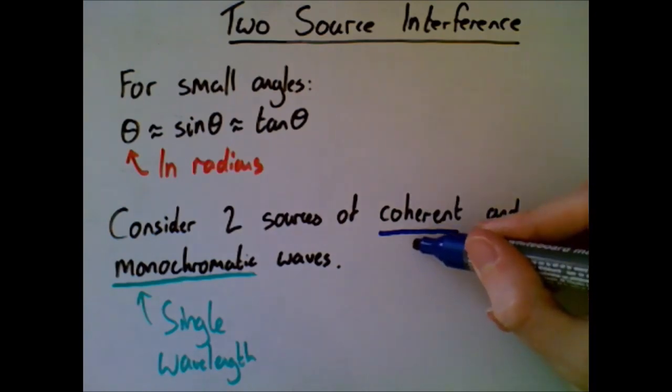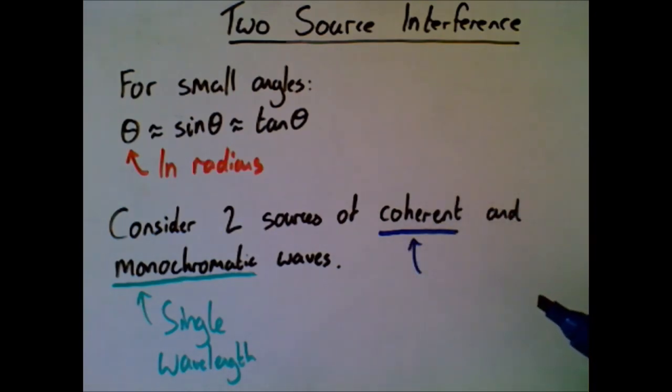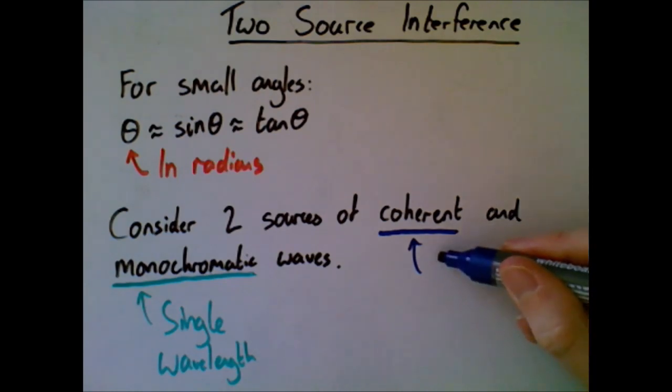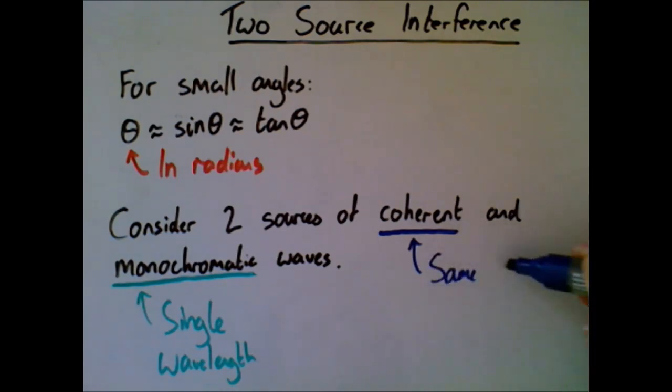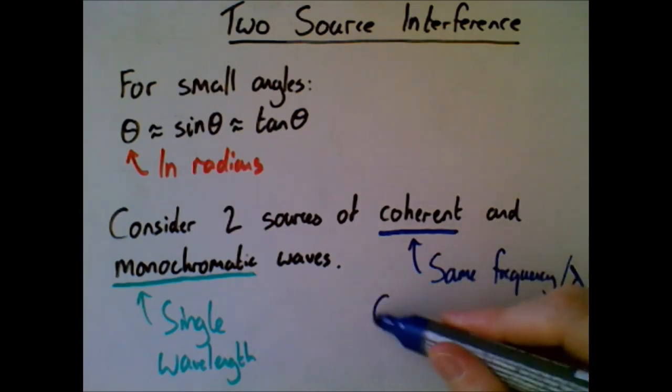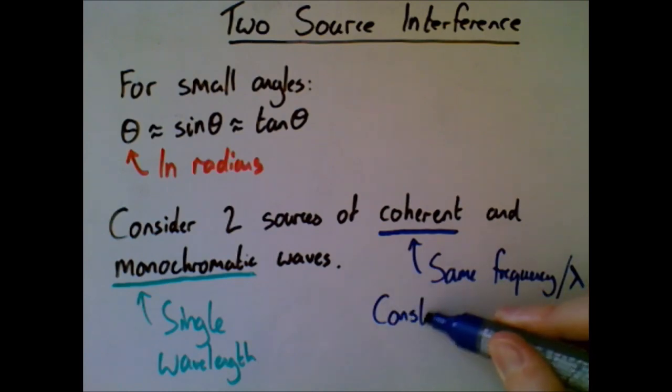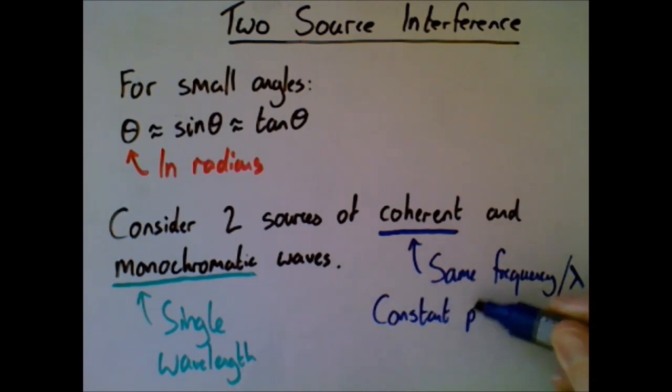So if you've got two wave sources which are coherent, first of all, they have the same frequency and therefore the same wavelength. And the second point that's important for coherent sources is that they have a constant phase difference.